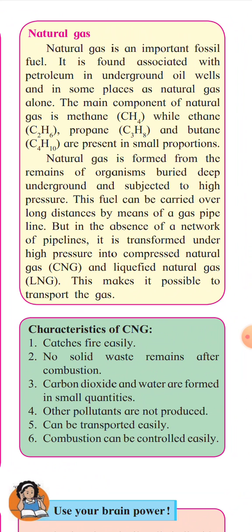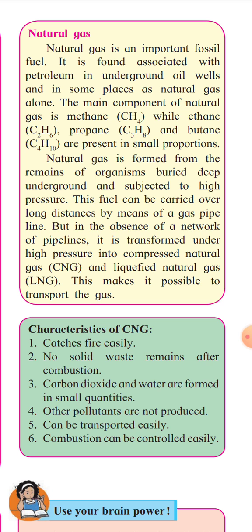Natural gas is formed from the remains of organisms buried deep underground and subjected to high pressure. These organisms get buried under the earth's crust, and due to the high pressure of the crust from above and from both sides, this fuel can be carried over a long distance by means of gas pipelines.